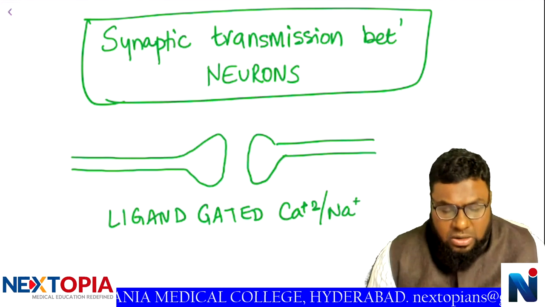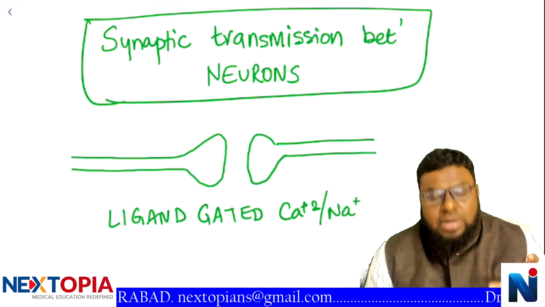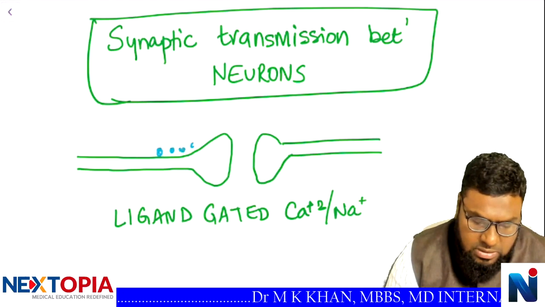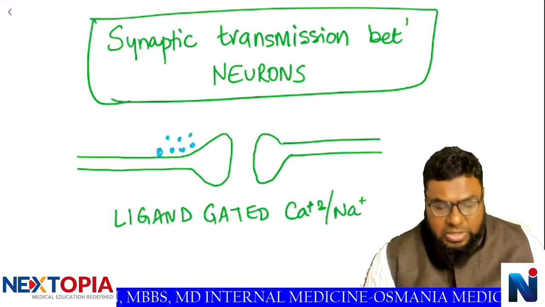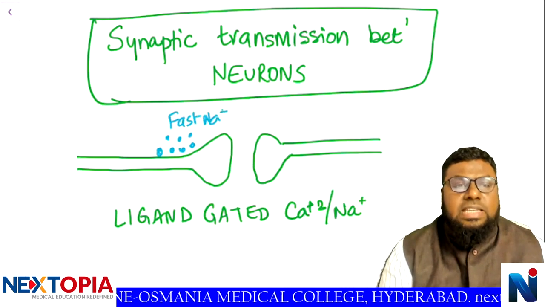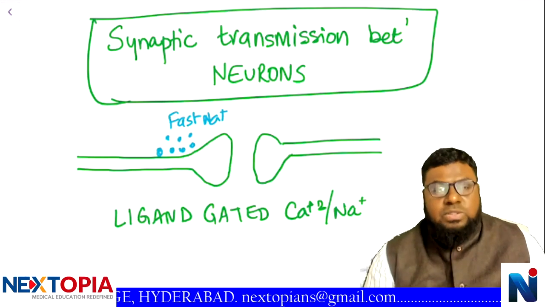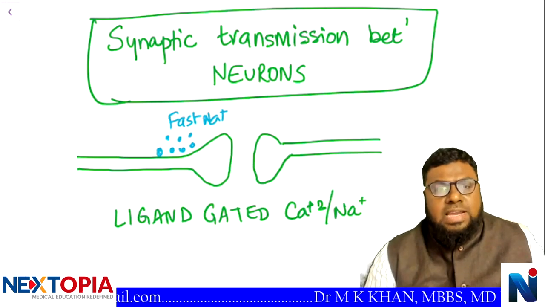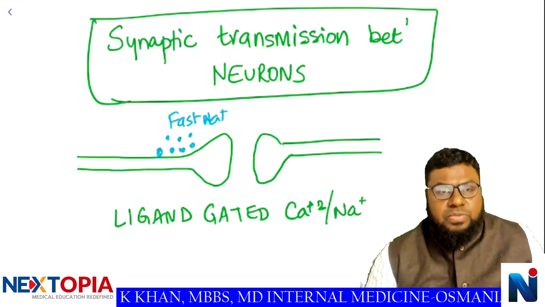The axon hillock, the initial segment of this region, has a high density of fast moving sodium channels which initiate the action potential. The closer the synapse, the greater is the transmission. So if the intersynaptic distance is short, the transmission is greater.